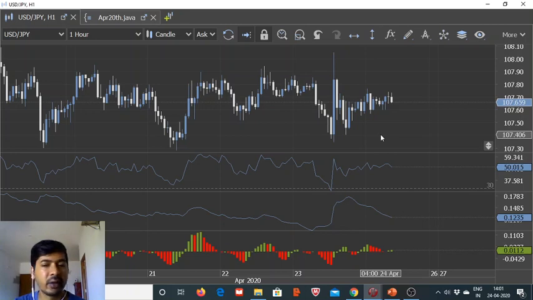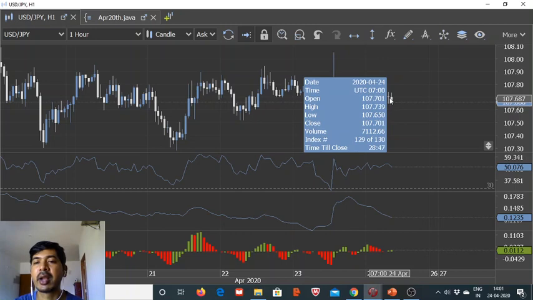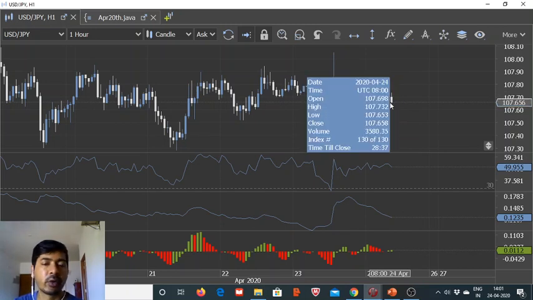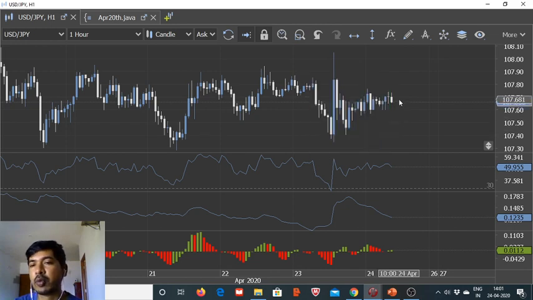For this session, I will be simply sticking with 60% of the ATR, and I will be adopting a strategy to deduct the 60% of the ATR from the last hour's candle closing, and then we will be keeping the 100% of the ATR as our stop loss and 200% of the ATR as our target price.